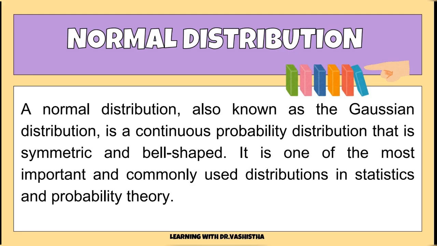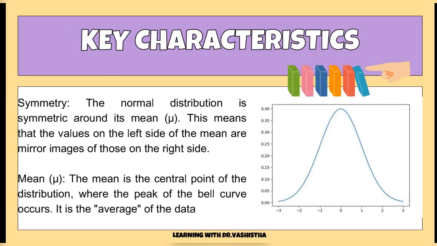So that is why it takes this bell shape. As we already know, it's a continuous probability distribution, and they are usually very much used in statistics and also are often used in natural and social sciences to represent the real valued random variables whose distributions are not known.